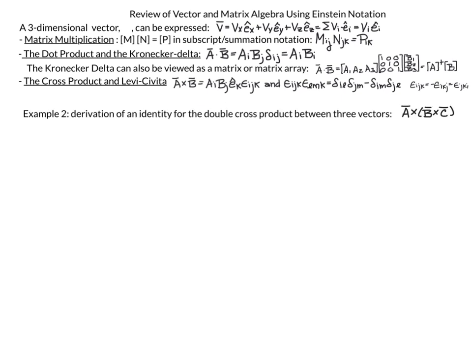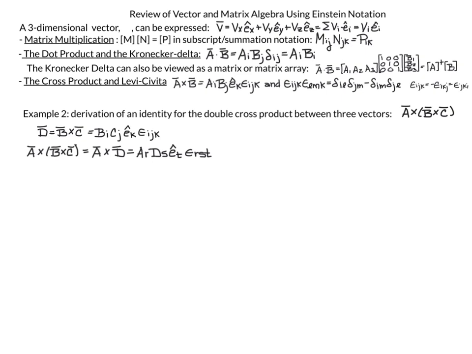The next example is derivation of the identity for the double cross product between three vectors, that is A cross B cross C. I'm going to start with B cross C. I'm going to set that equal to D. So B cross C, using our definition of cross product over here, is going to be B sub I, C sub J, e^K, and the Levi-Civita epsilon IJK.